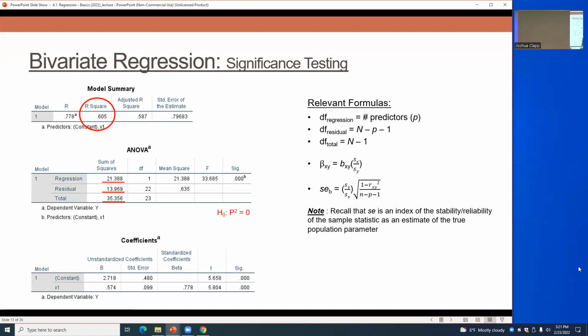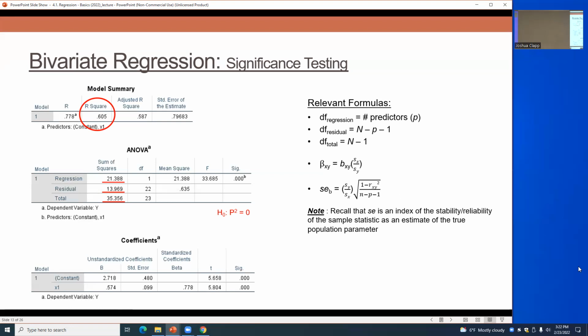So this ANOVA table, this is a test of my overall model, okay? Does the combination of predictors that I have in this set, is it accounting for some non-zero proportion of variability in my total outcome? And here I'm seeing it's very clearly yes. Now, this is an extremely small sample, but still it's coming up, okay?